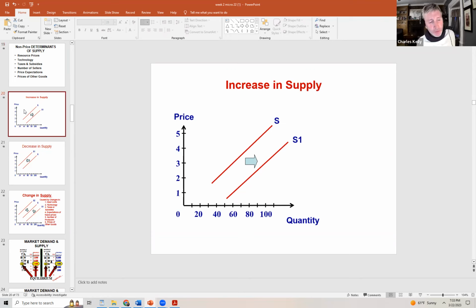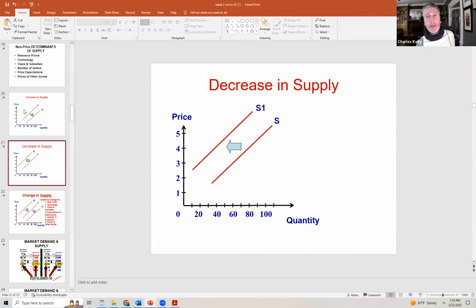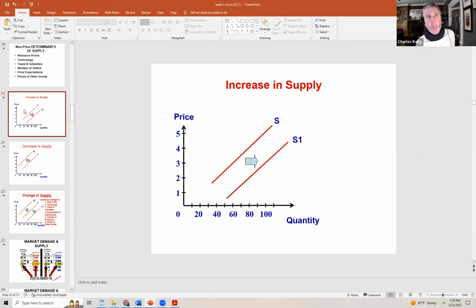Now, of course, Mr. Trump wasn't as, we'll say, enthusiastic about wind and solar, and he cut many of these subsidies, so there was a decrease in supply. And of course, Biden comes in and he's like, okay, we're all about this. More subsidies, increases supply.